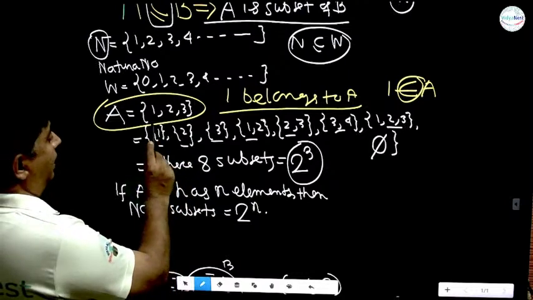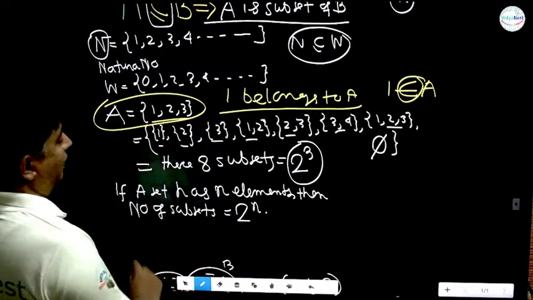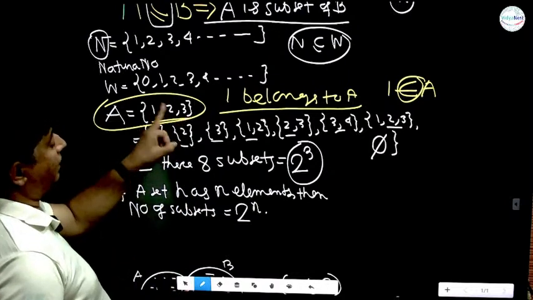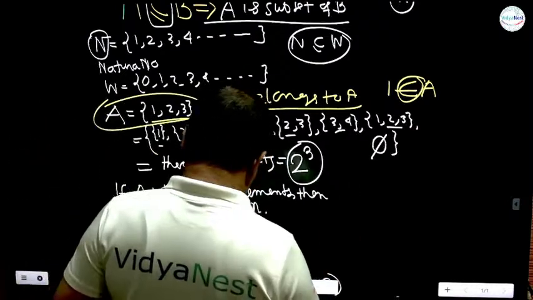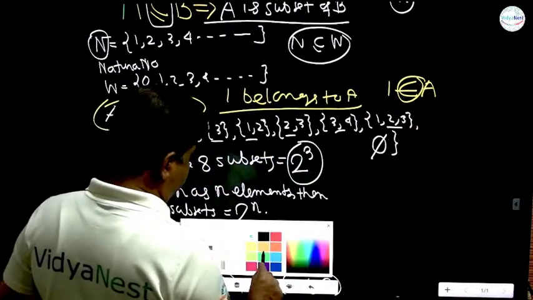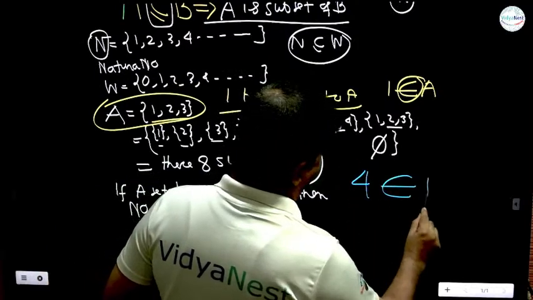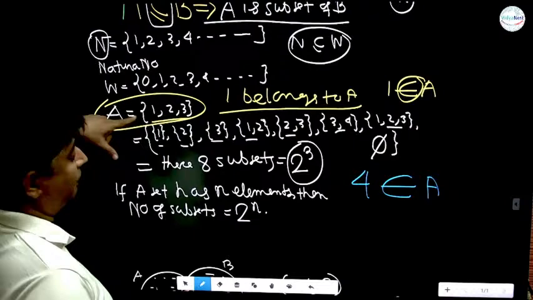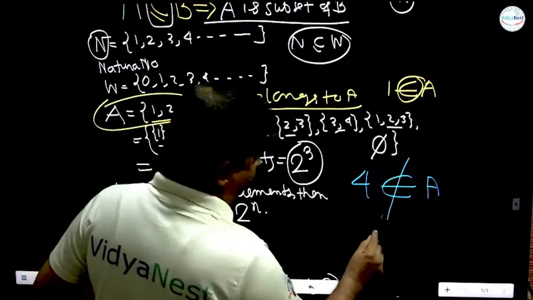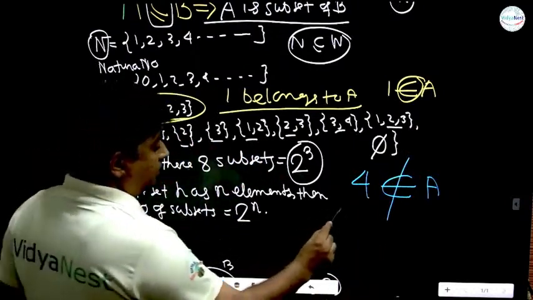But here we have only 3 elements, 1 to 3. So 4 does not belong to A. First you write belongs to A, but as 4 is not found here, scratch it. 4 does not belong to A.